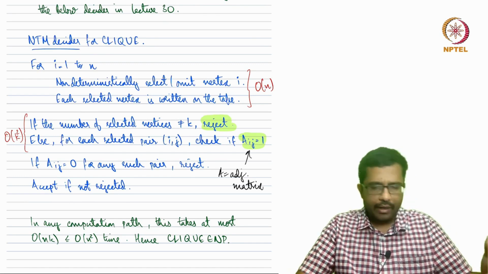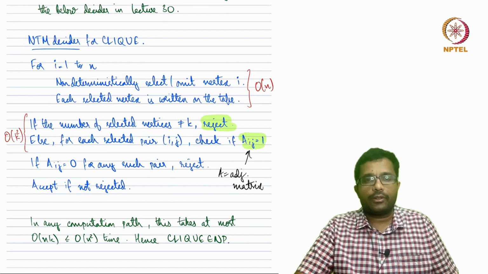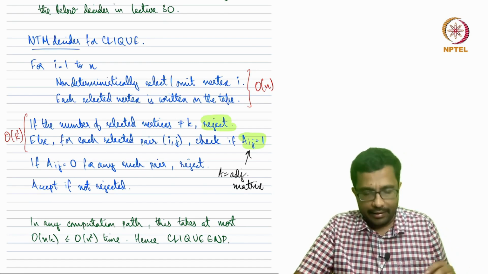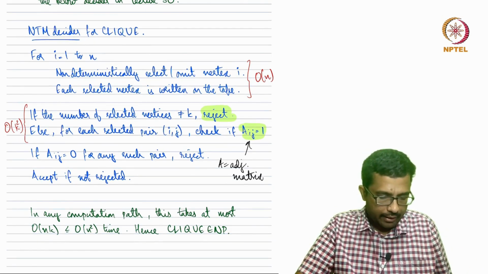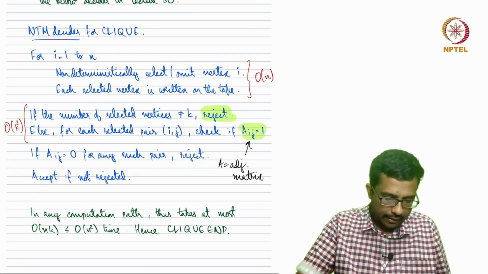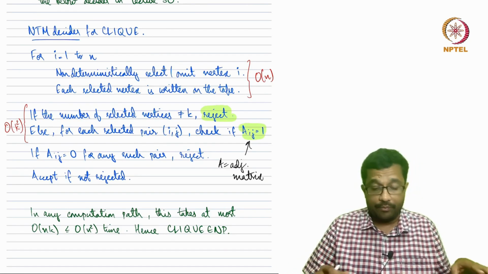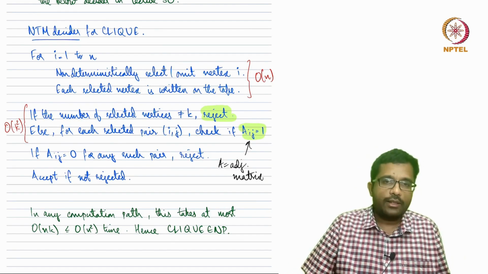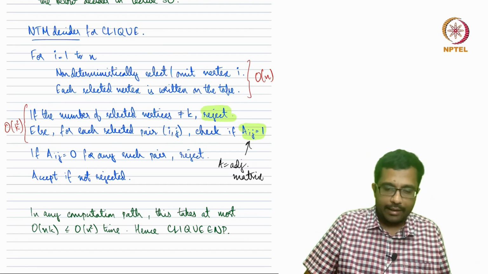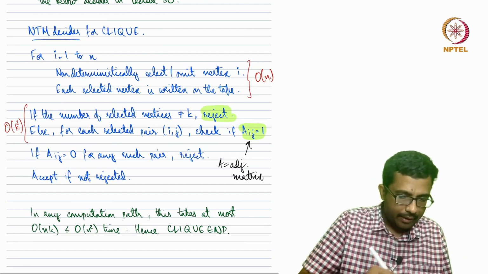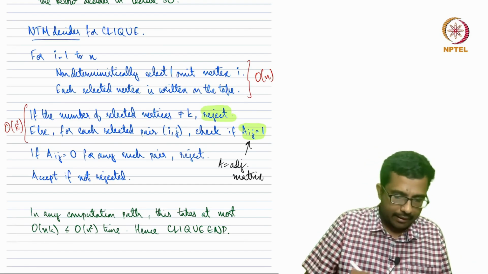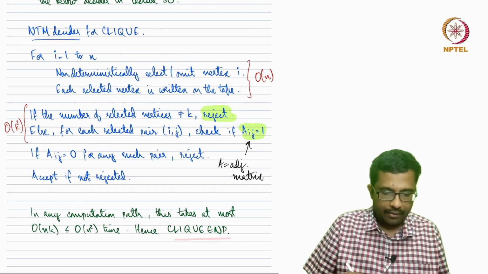We had already seen that this is a decider for clique. I am not going through the correctness, but this shows that the running time is also polynomial. The correctness we had already seen. The running time being polynomial is very clear, and hence this is a non-deterministic polynomial time decider. Hence, clique is in NP.